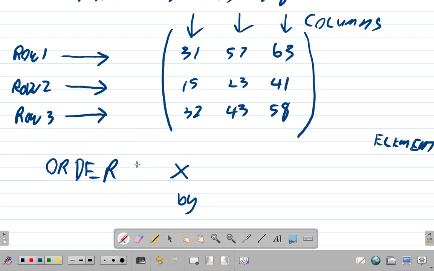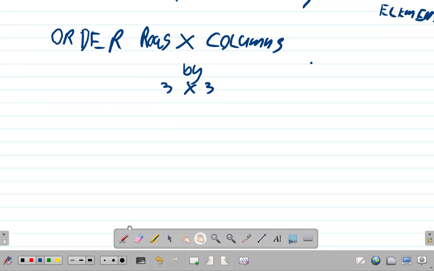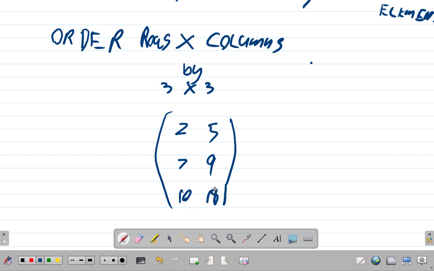Now these are how many rows you have by how many columns. For example, this is a 3 by 3 matrix.